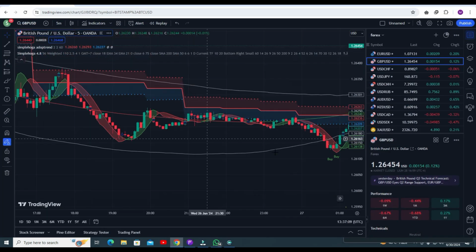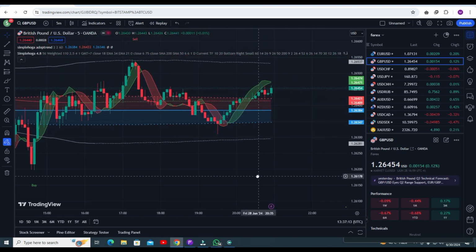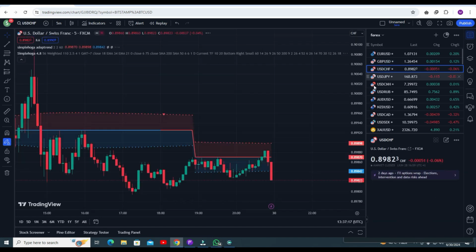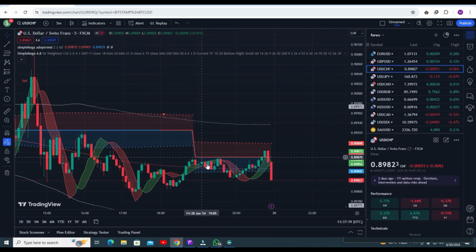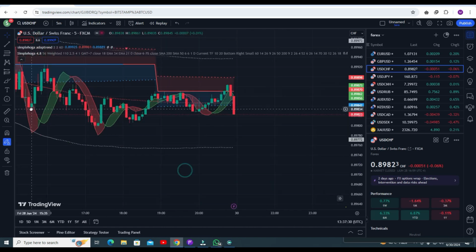Now the same condition applies here: you have to follow the buy signal. Let me show some examples. This was your sell trend, and it's above the middle line, which means you have to go for the sell trade. You got the sell trade and some awesome profit.